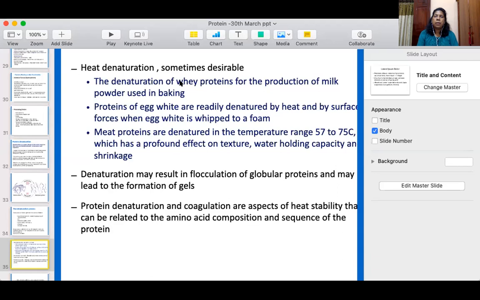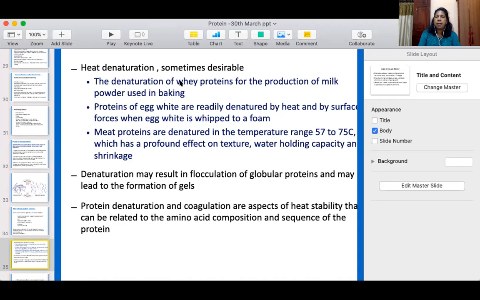The second point is that proteins of egg white are readily denatured by heat and by surface forces when egg white is whipped to a foam. So you can eat it, fry it, boil it, make an omelette, or add egg white to different bakery products, or, let's say, vattalappam pudding, or different types of products.